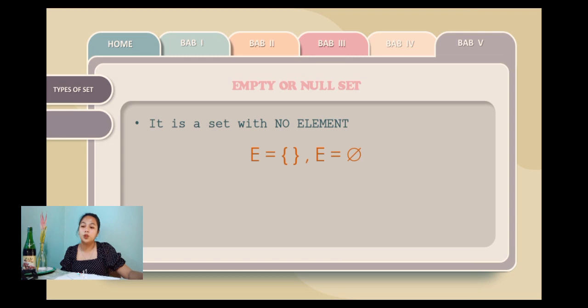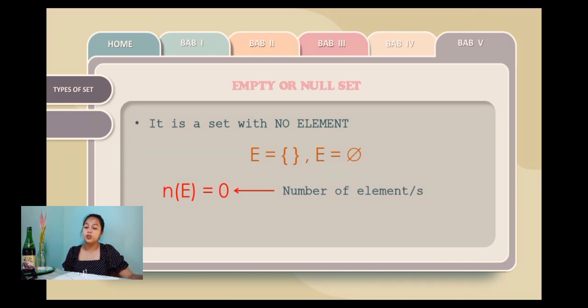So, for example, E is equal to empty brackets, or E is equal to 0. The cardinality of set E is equal to 0. This expression is considered as the number of elements.